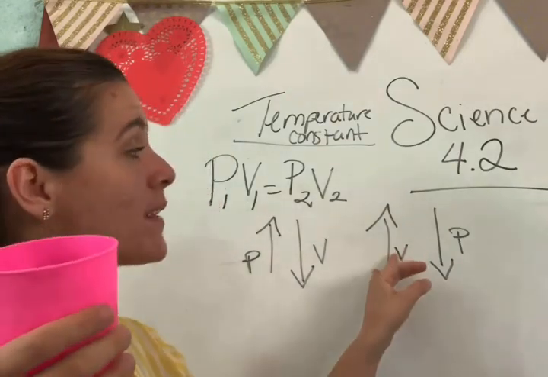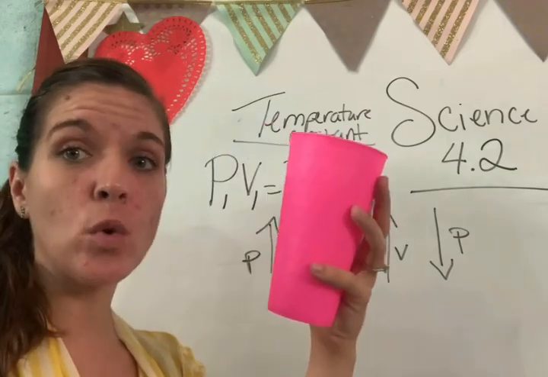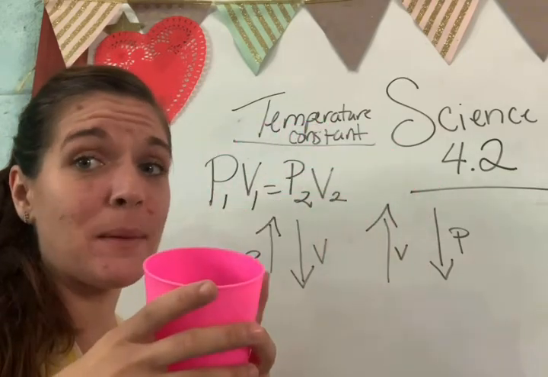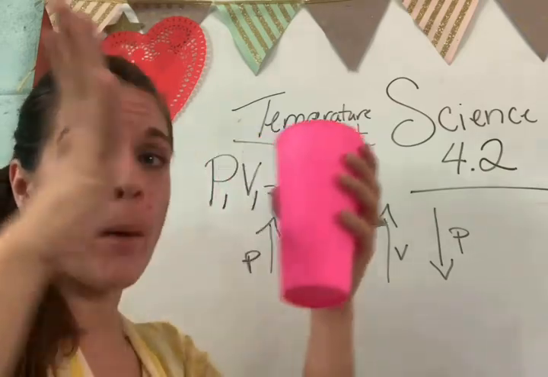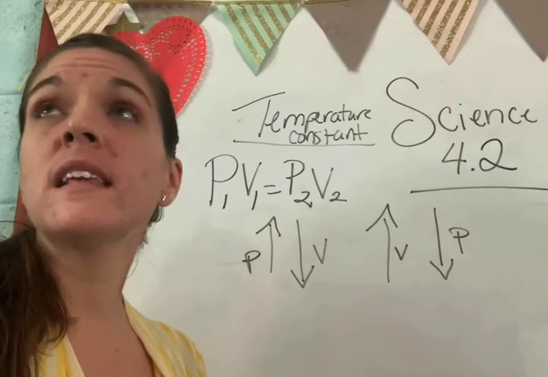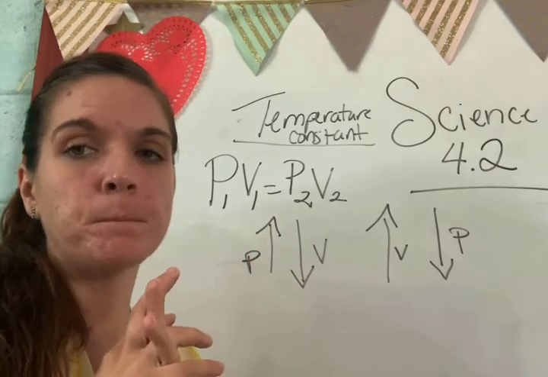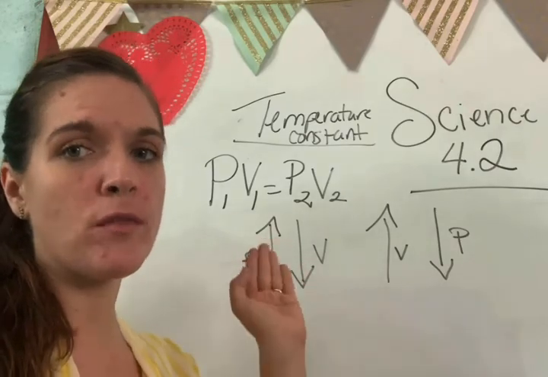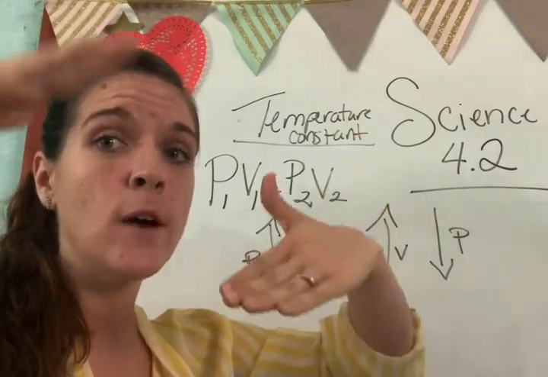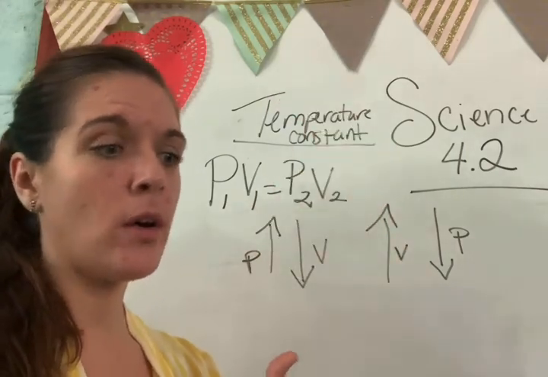If you allow this volume to get bigger, you make a bigger cup, what's going to happen to the pressure? It's going to be lower. Those molecules can go wherever they want. So the relationship between pressure and volume is that when pressure goes up, volume goes down. When volume goes up, pressure goes down. It's an inverse relationship, okay?